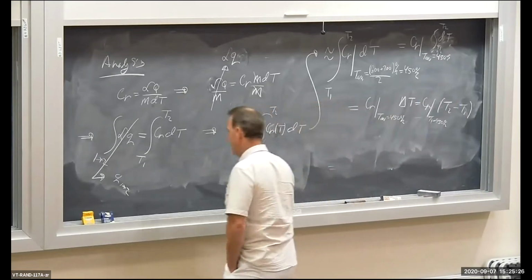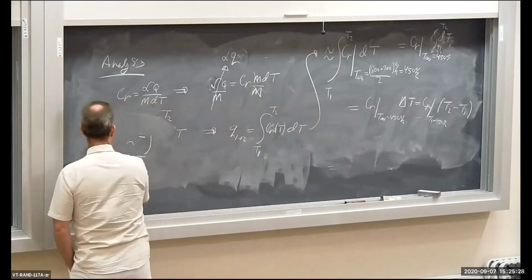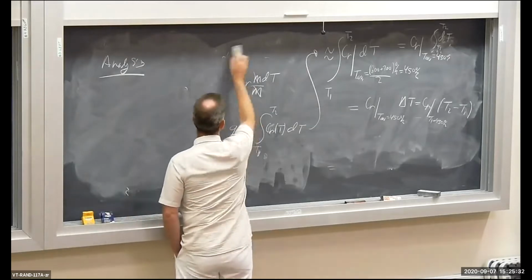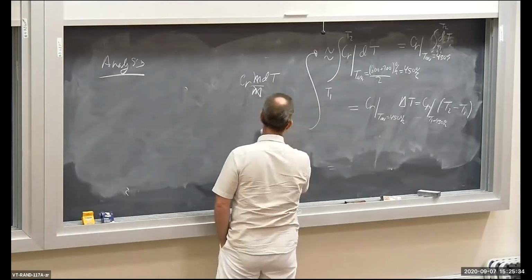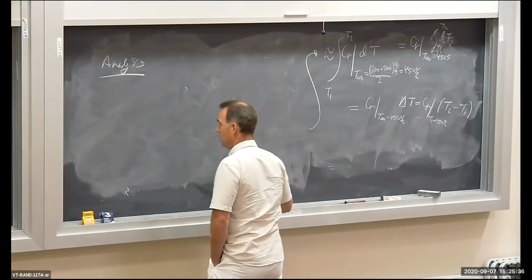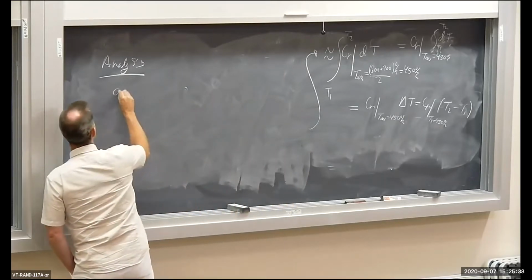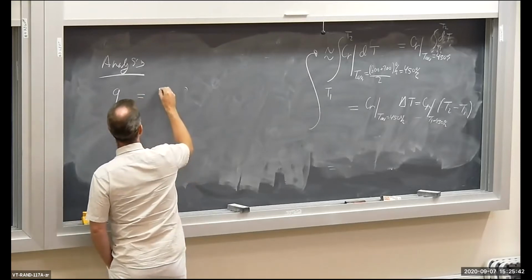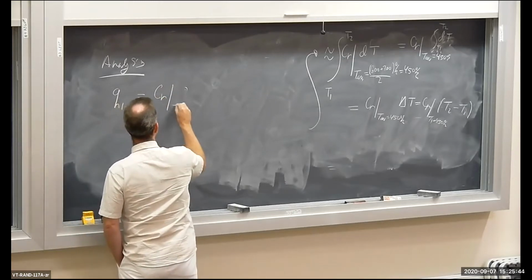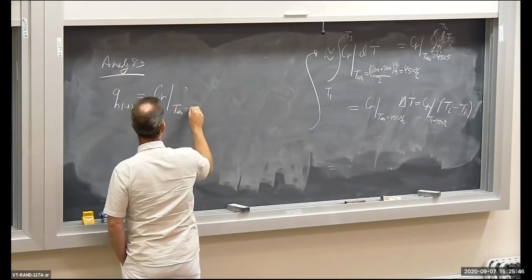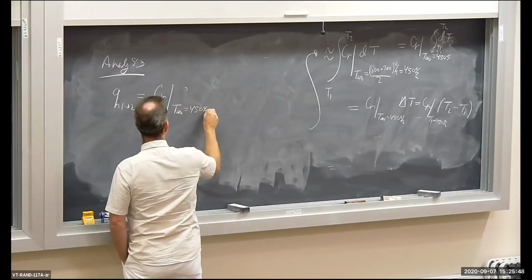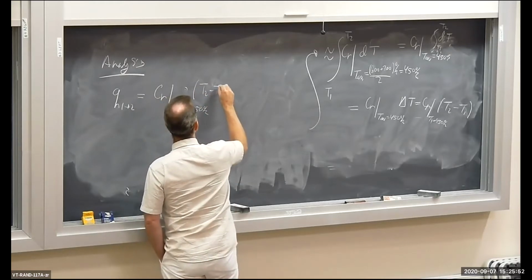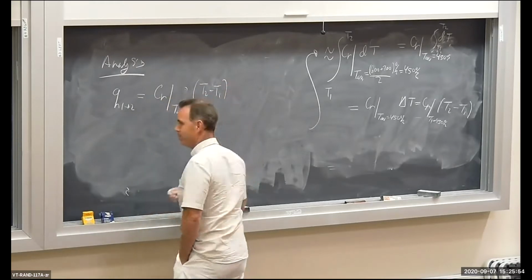Okay, so the heat transfer. Let's write that down over here so we can start fresh. The heat transfer per unit mass over the process, Q1 to 2, is equal to CV evaluated at the average temperature, 450 Kelvin, times T2 minus T1.